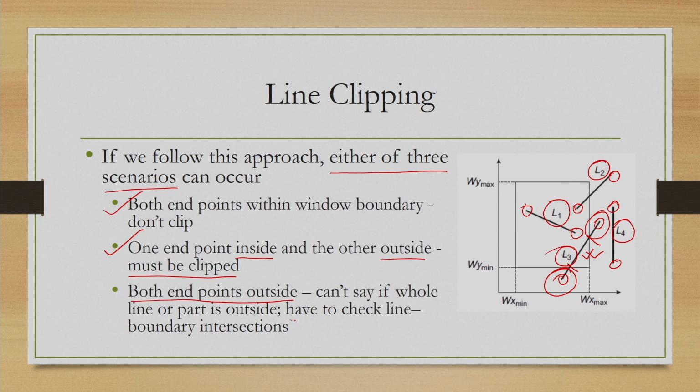So, in this case then we have to check for line boundary intersections to determine whether some portion is inside the window or not.